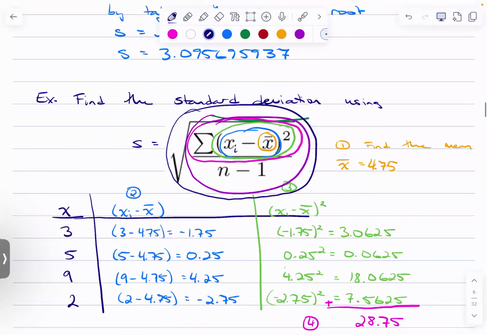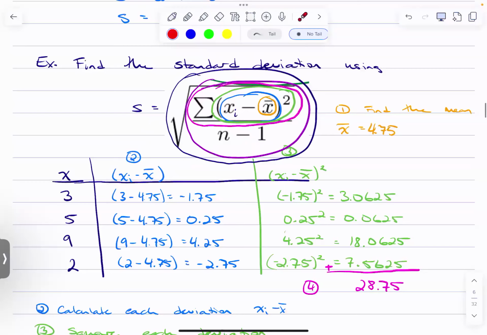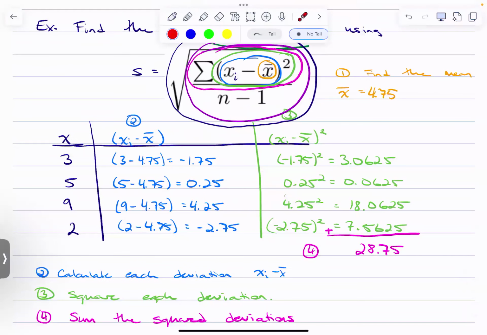Luckily, this feels like the same answer that we found earlier, right? So two different ways of getting there. I like this way mostly because it illustrates that it is calculating a spread from the mean.